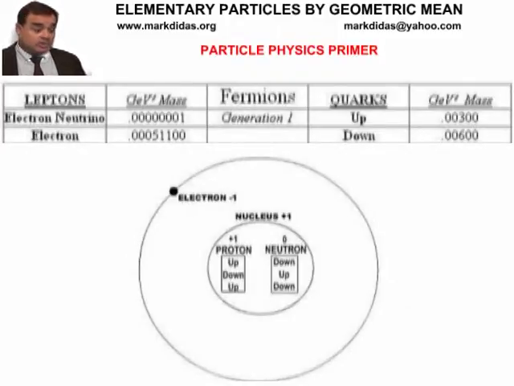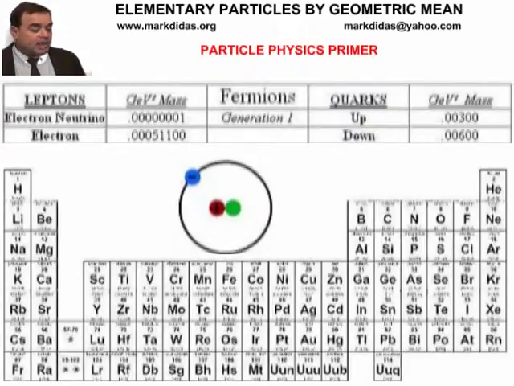And so it goes. Each and every atom is constructed totally from only 3 fermion generation 1 components: the electron, the up quark, and the down quark. In the chart of the fermions below, we see that all atoms in the chart of the periodic elements are composed of members of the first generation of fermions.